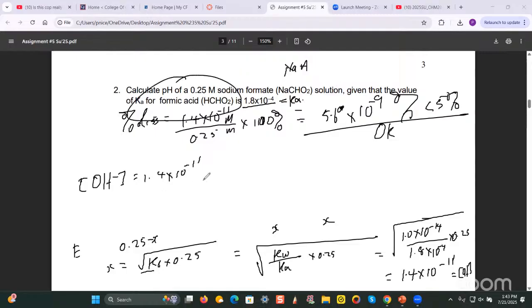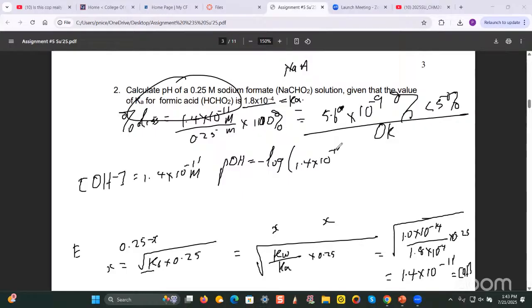So how do we find the pH from here? pOH. So pOH is equal to minus log of 1.4 times 10 to the minus 11. Let's see what that gives. Find minus log of that.